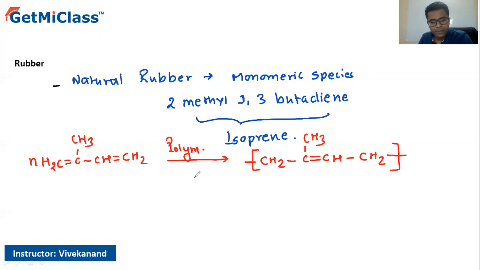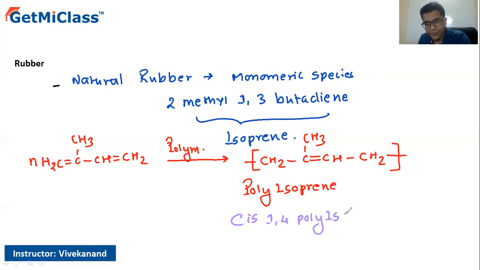This is also called polyisoprene. Usually we also call it by another name, cis 1,4 polyisoprene.